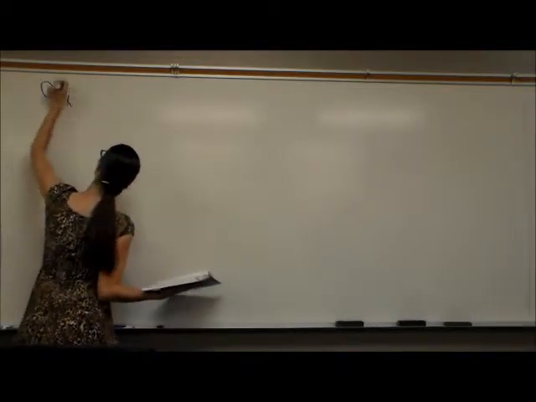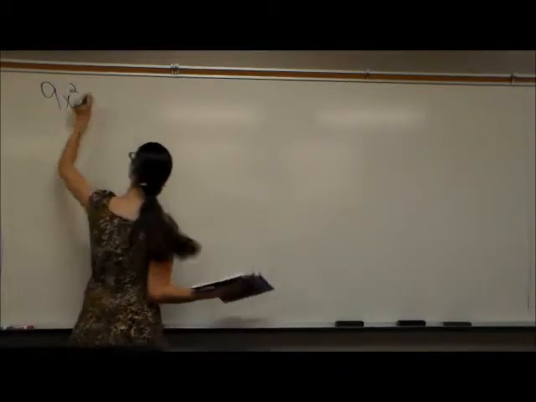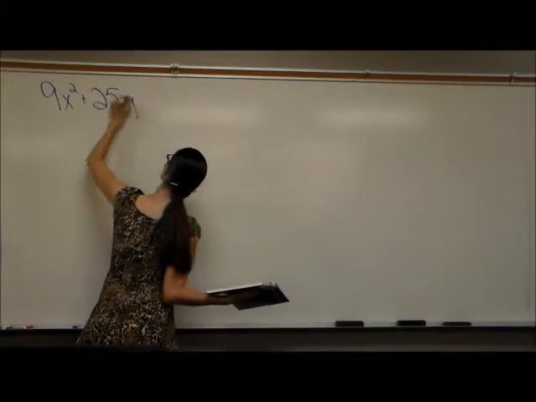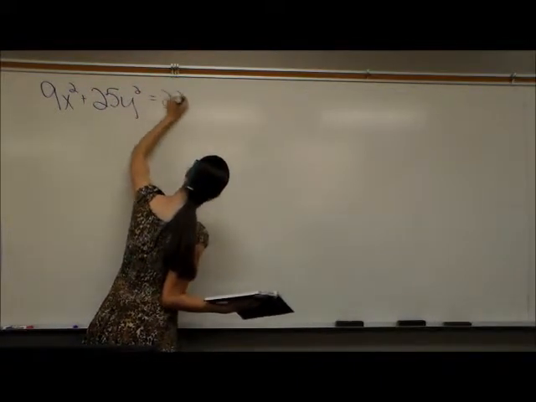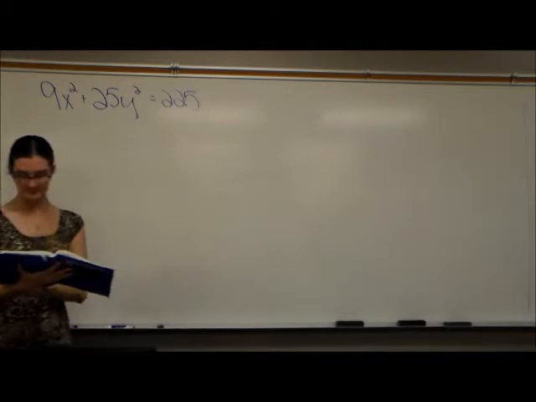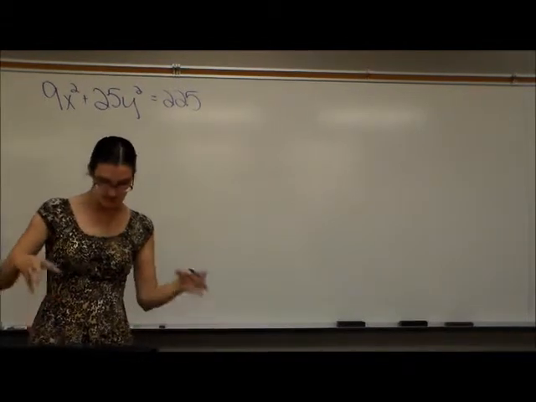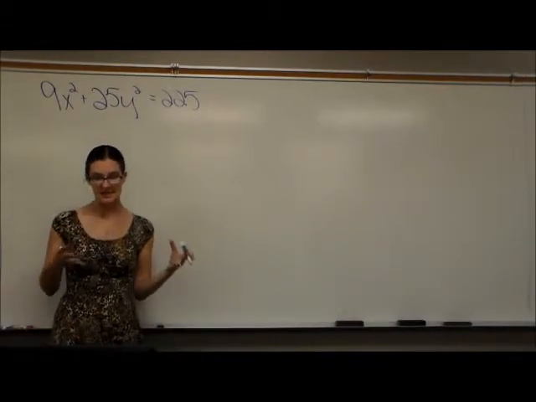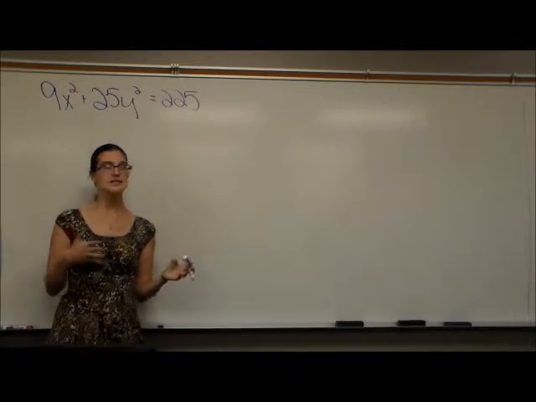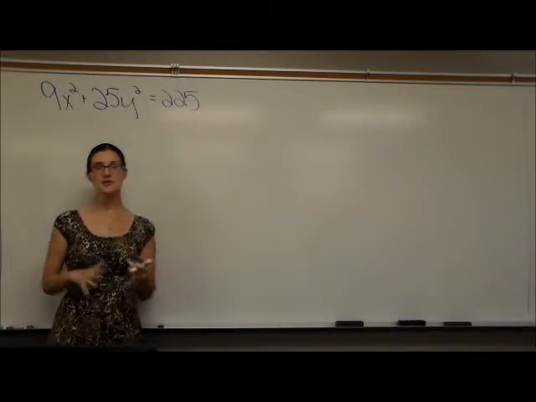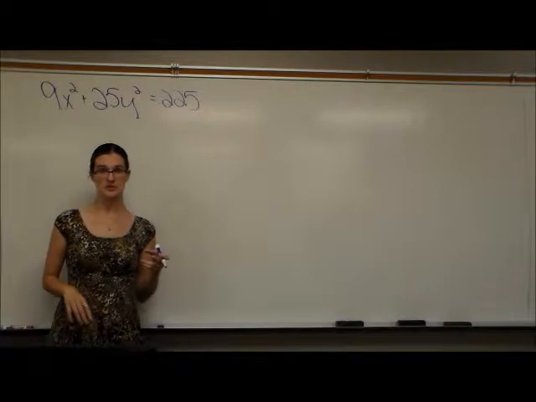All right. So sketch the ellipse. So here they want us to graph it. Okay, so what we're going to do is we need to put it into standard form. It's not in standard form yet. Standard form is always equal to 1 for your circles, your ellipses, and your hyperbolas.